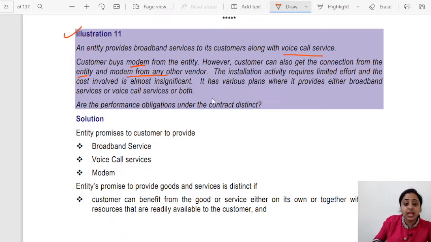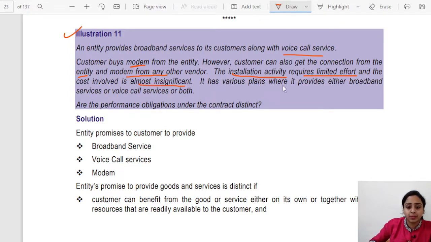The installation activity requires limited effort. It is so limited that the cost involved is almost insignificant and does not significantly impact the main product.